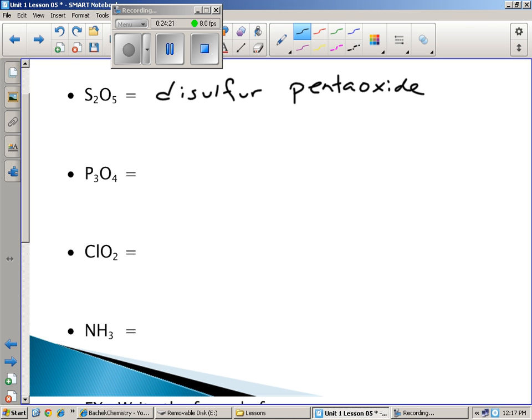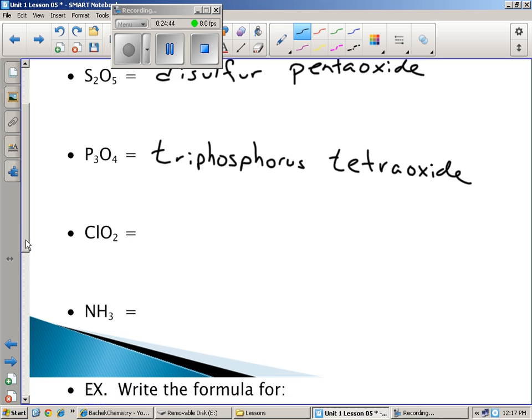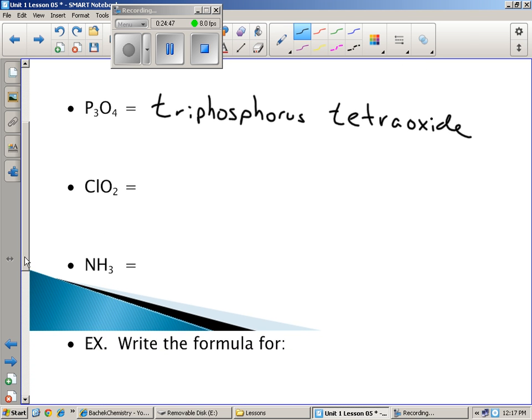You'll like it. Not everyone's writing stuff down. Triphosphorus. You'll like it. I'll say it again because not everyone laughed. Triphosphorus. You'll like it. 4, tetra. Oxide. Triphosphorus tetraoxide.